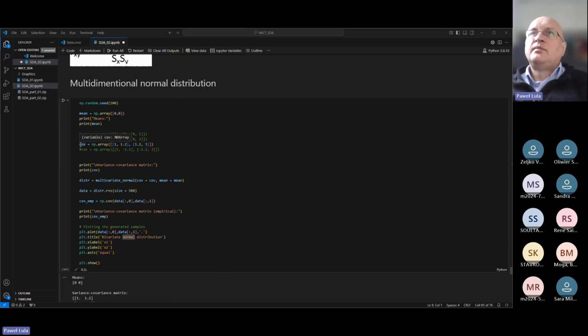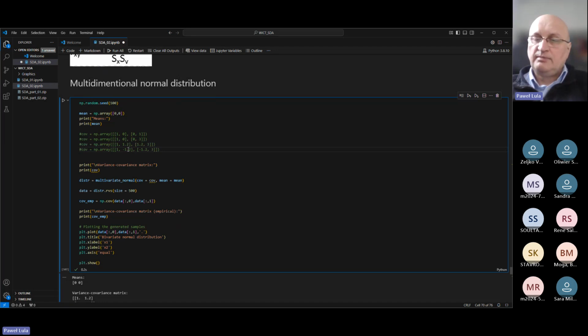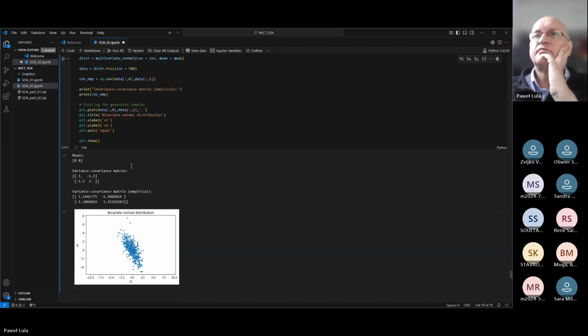I made one change here in this program. Now we have a different situation. When x is greater, then y coordinate is smaller. If x is smaller, then y is greater.